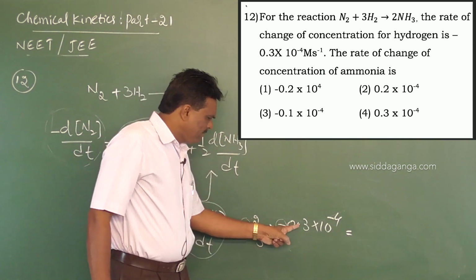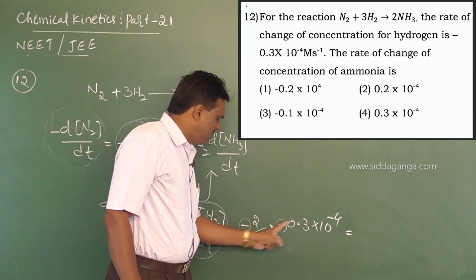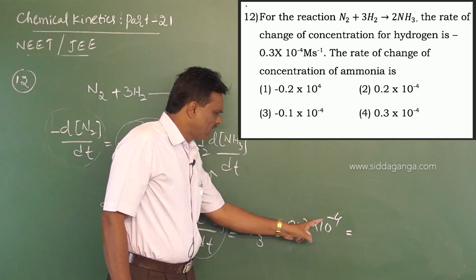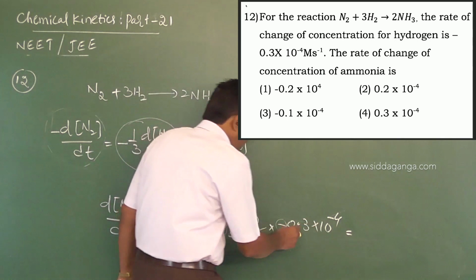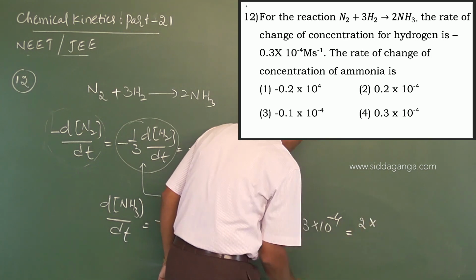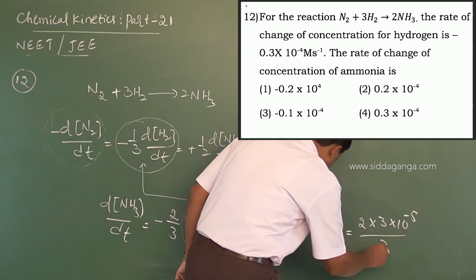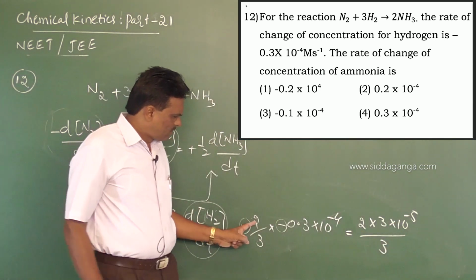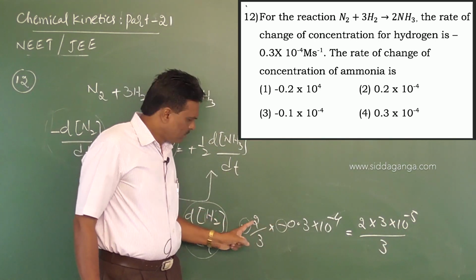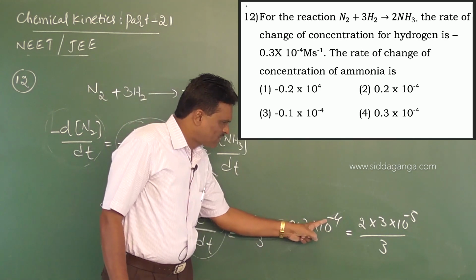So here 0.3 becomes 3 into 10 to the power of minus 5.